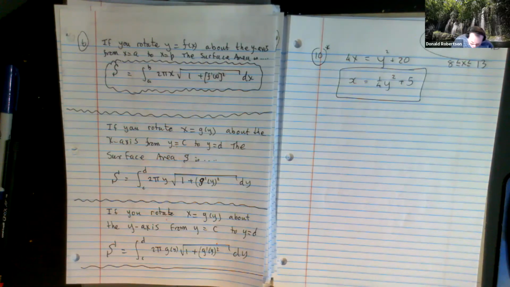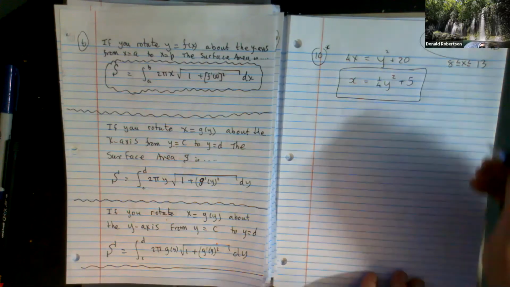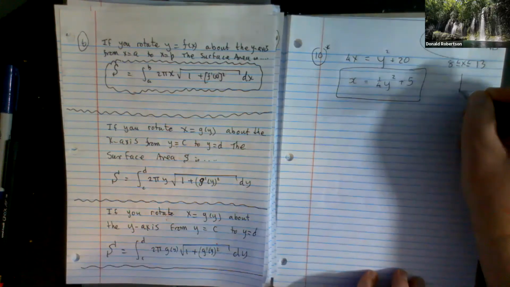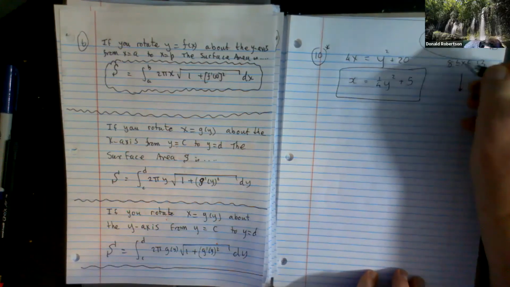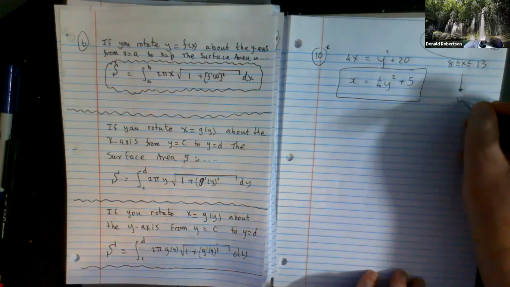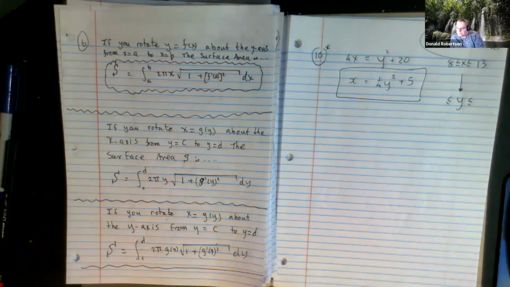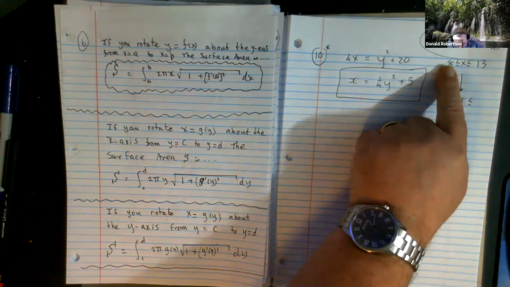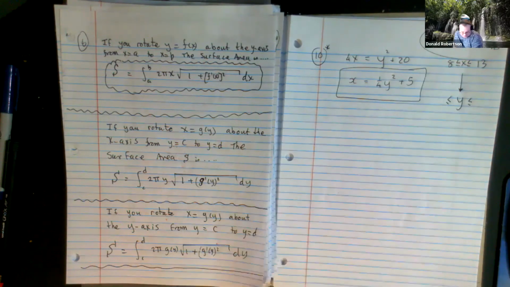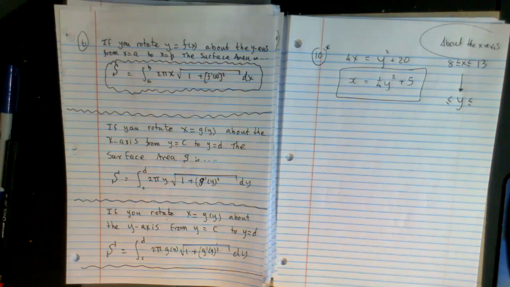Here's something that's not so obvious. They're telling me x is 0 to 13. I don't care what x is equal to. Don't I need to know what y is equal to? How am I going to take x is 8 and figure out what y is going to be? Plug 8 in for x and solve for y.